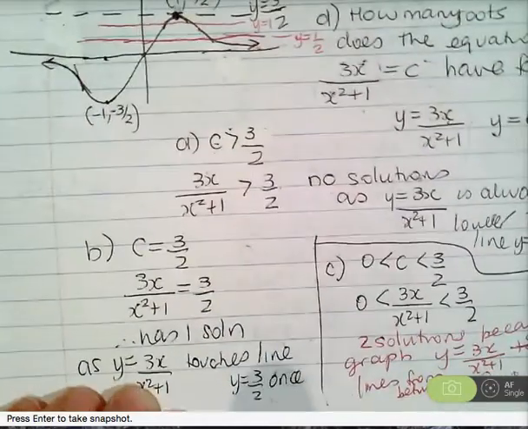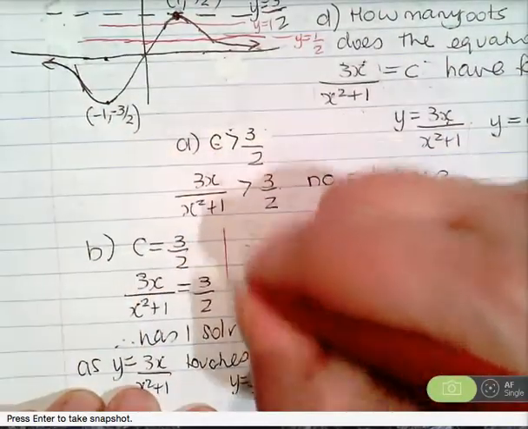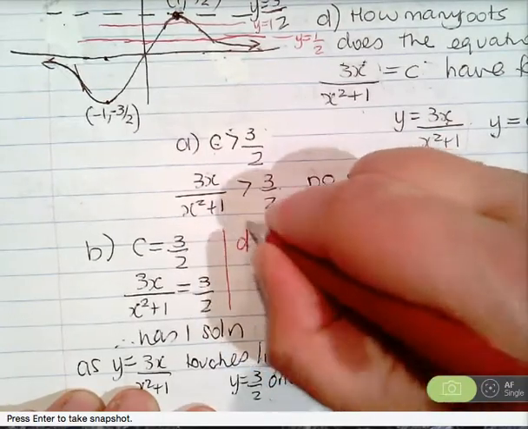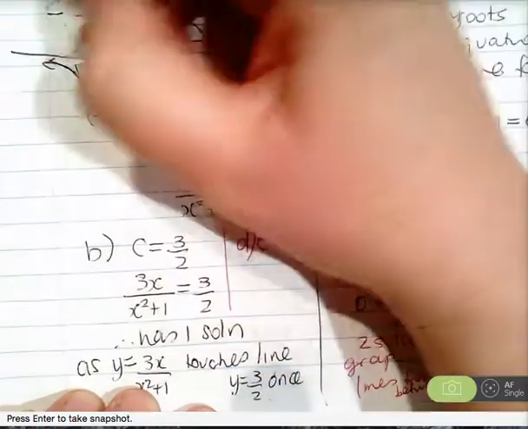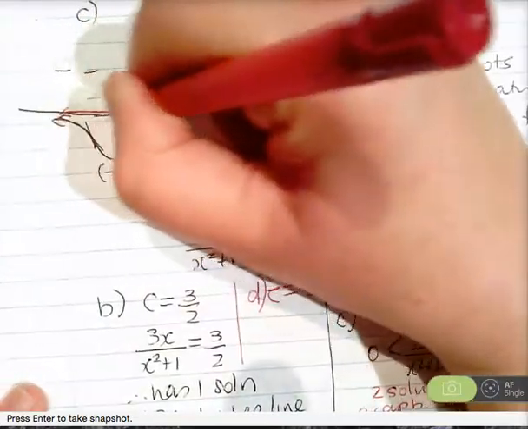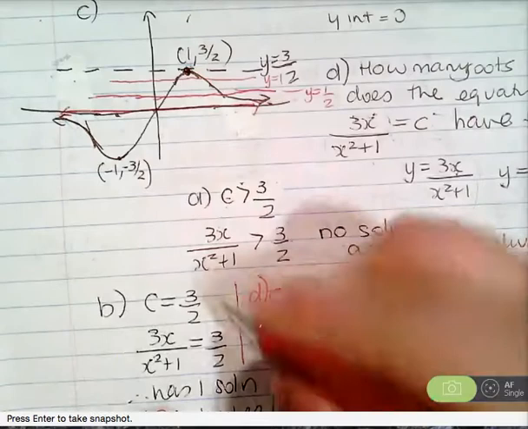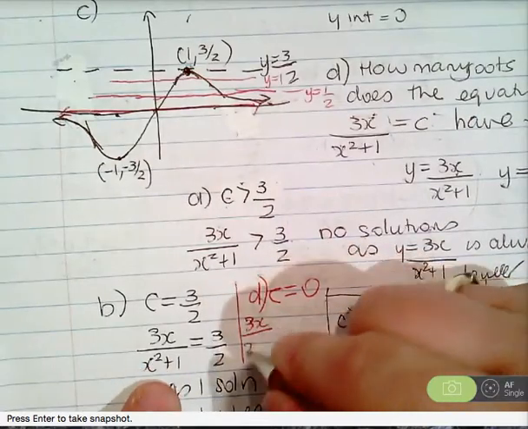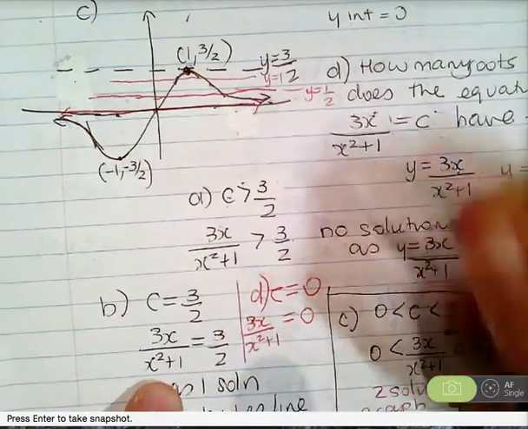Now for part D, I'm just going to do it here, which was where c equals 0, which is this line here, so c equals 0 is asking where does 3x over x squared plus 1 equal 0?